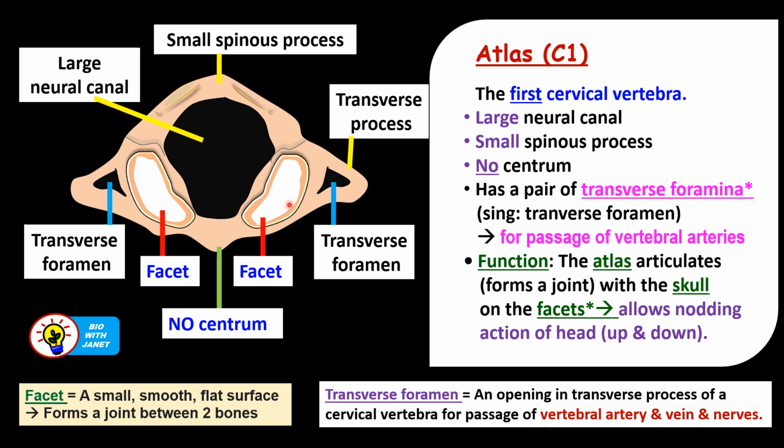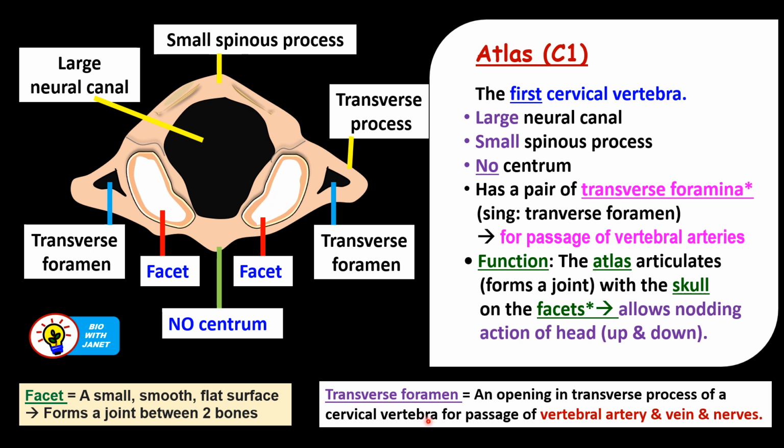So try and move your head up, look up to the ceiling and down to the floor. Now, when you do that, your skull is actually moving on the atlas, on these two surfaces called the facets. All right, facets are the small, smooth, flat surfaces that form a joint between two bones. They are smooth in appearance and feel.